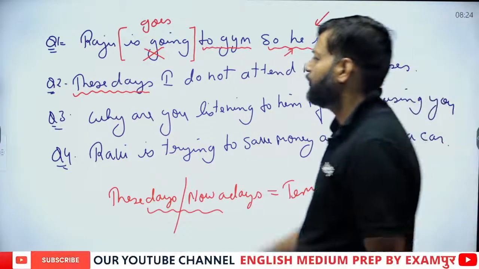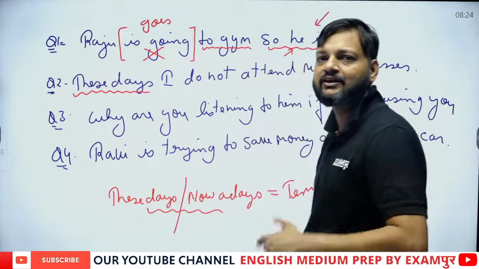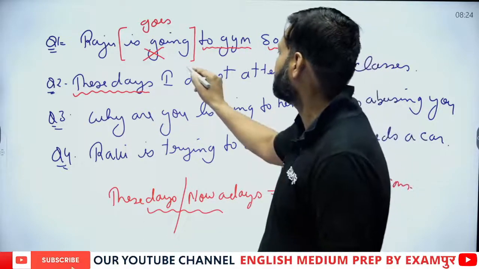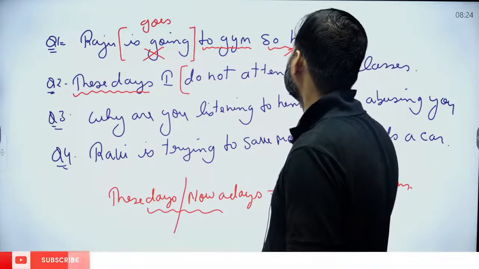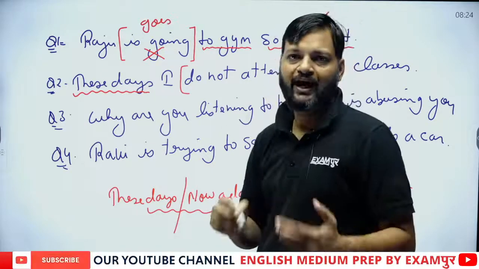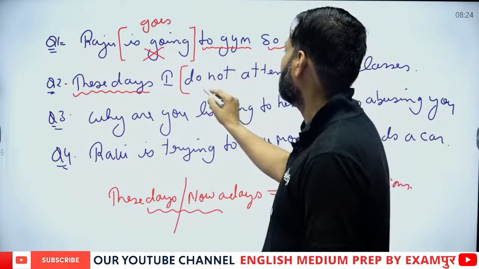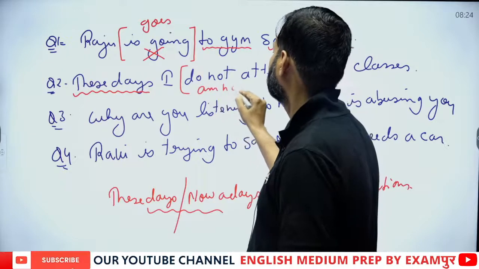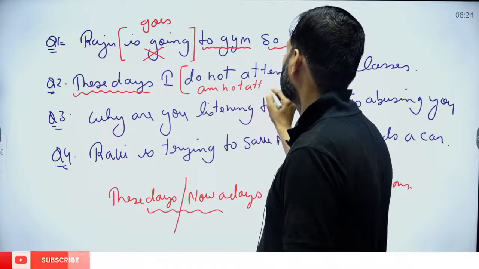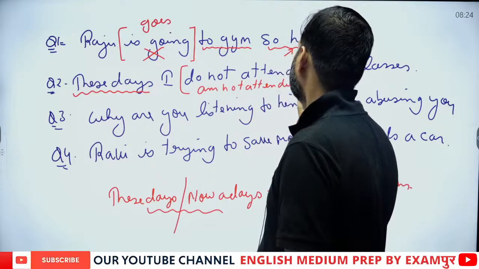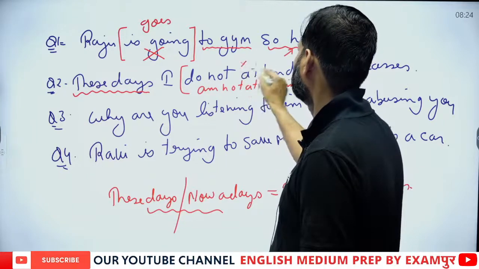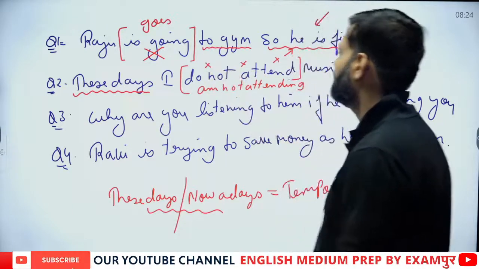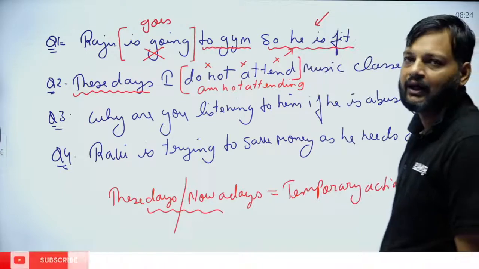Since we have these days here which suggests a temporary action, this sentence cannot be in present indefinite tense. So in place of I do not attend, we should write I am not attending. Okay. In place of I do not attend, we need to write I am not attending.